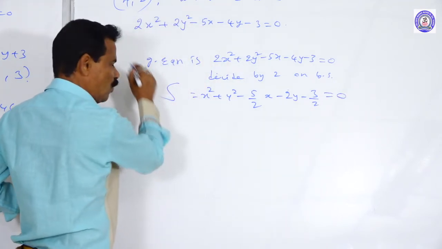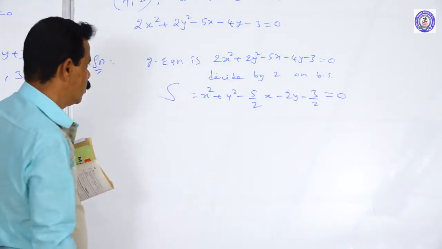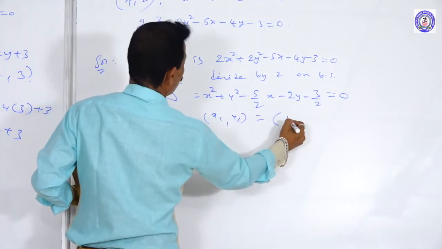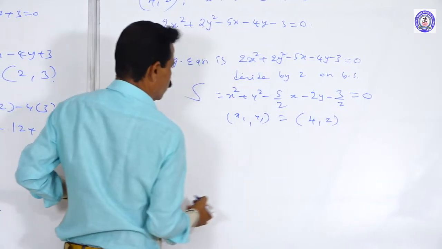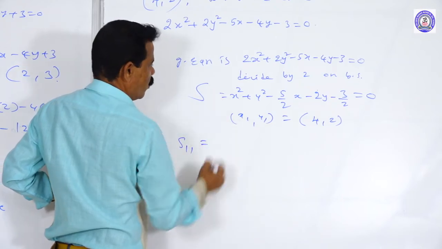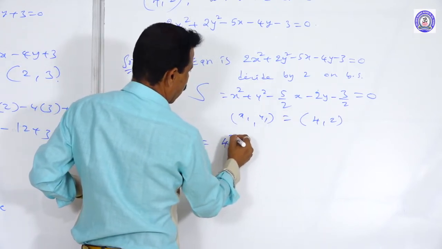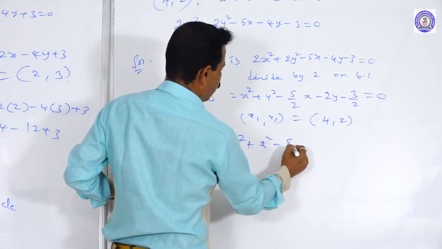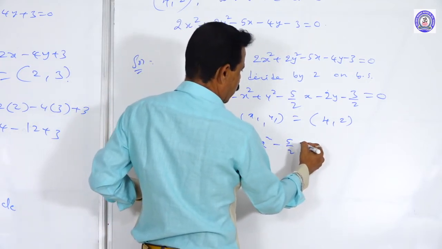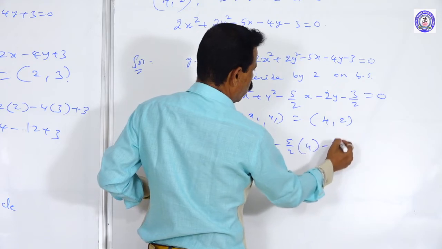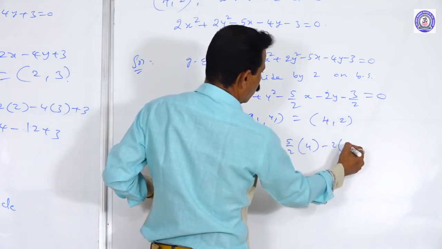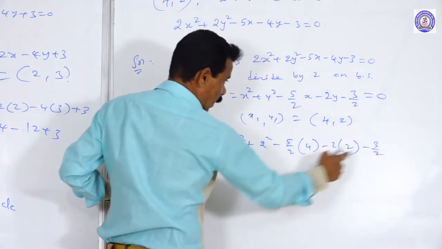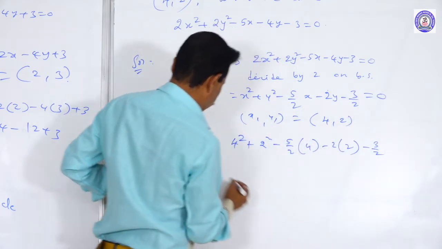This is the S value. So x1, y1 is (4, 2). We substitute in S11: 4 square plus 2 square minus 5 by 2 into 4 minus 2 into 2 minus 3 by 2. This is the symbol only.